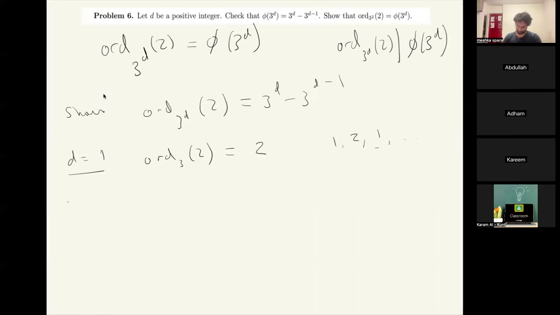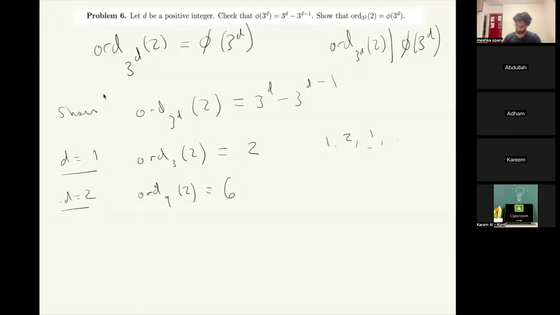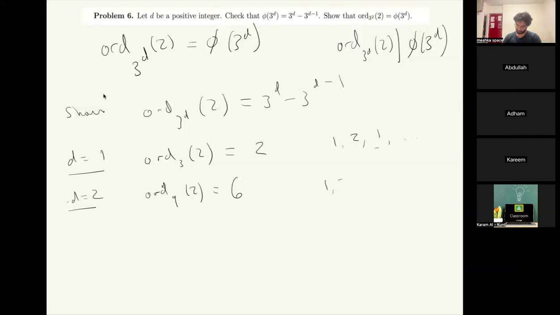Let's take d equals 2 just to make sure we understand. The order of 2 modulo 9, we want it to be 6, right? How does this go? We have 1, then 2, then 4, then 8, and then 16.